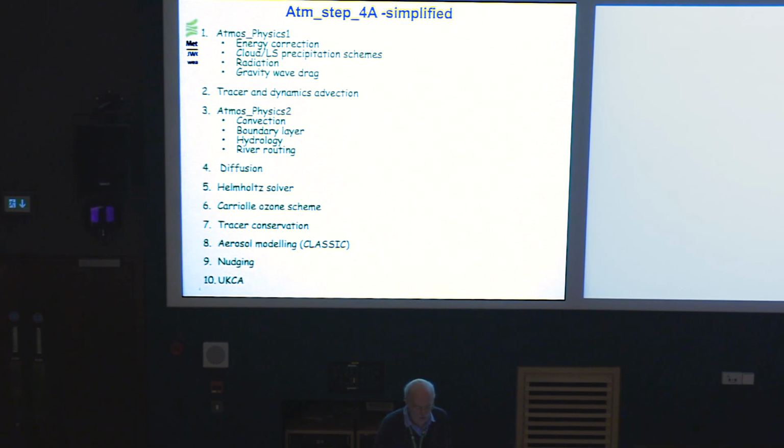The chemistry ozone scheme, which is normally not turned on if we are running UKCA. Tracer conservation, critical, which will be turned on for you. And then we have the bottom two, which are nudging to imported fields, which can be highly useful. And then the UKCA call comes last. So that gives you a little idea of what else is going on.